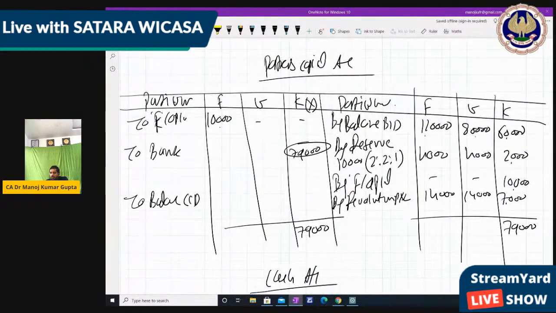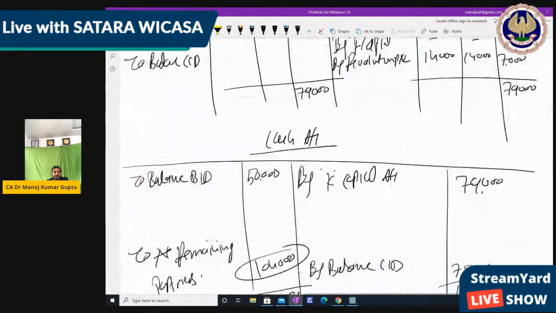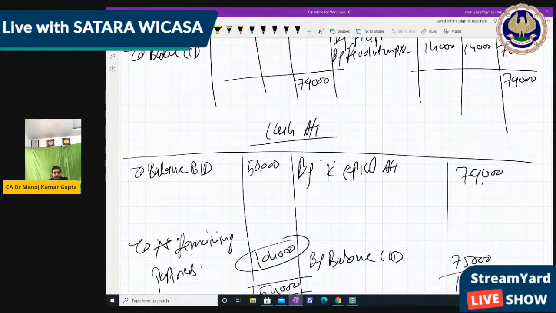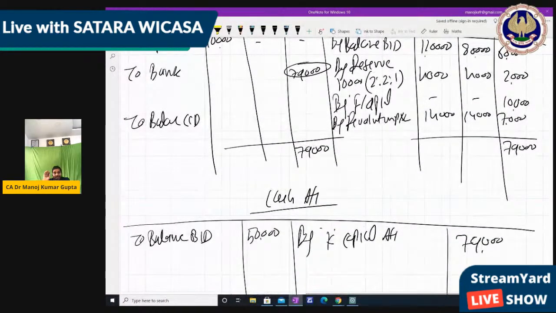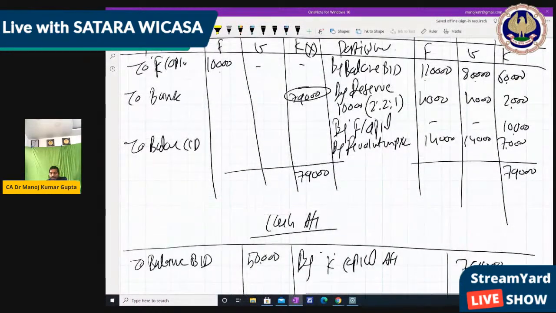Whatever balance they have at present, that balance we also have to keep with the firm, because they did not say they will bring anything extra or withdraw anything extra. They say they have to maintain a cash account balance of 75,000. Right. So whatever the cash shortage, they will bring 1,04,000. But the existing balance remains the same. So what is the existing balance?